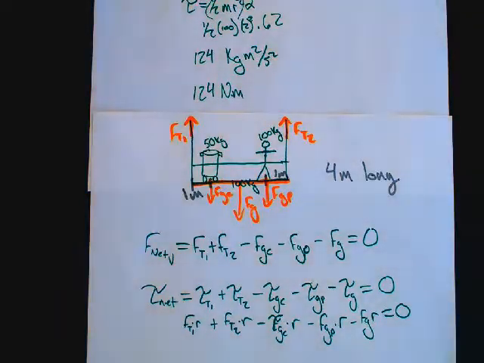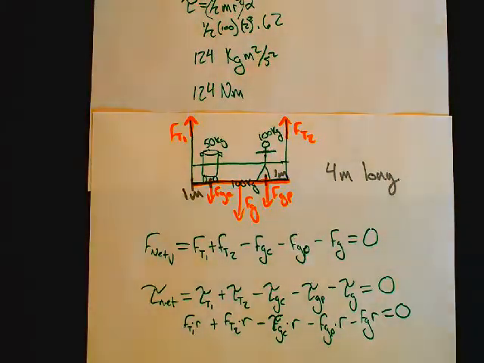So what we're going to do to simplify this is identify an axis of rotation that simplifies things for us, because we have two other unknowns. What are our two unknowns in the problem? Force tensions, right? We don't know this force tension, we don't know this force tension.